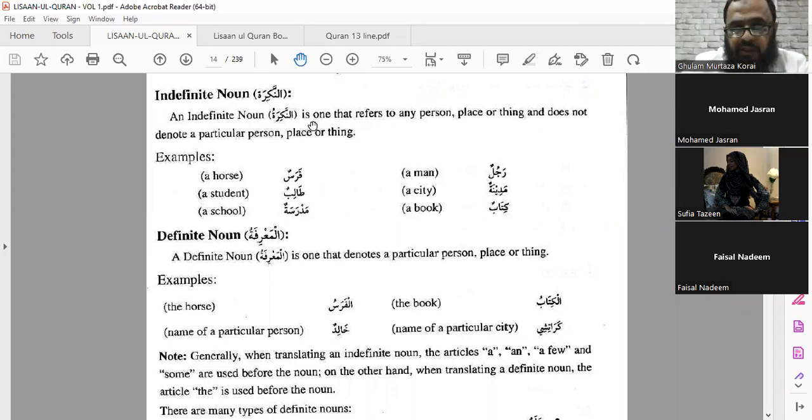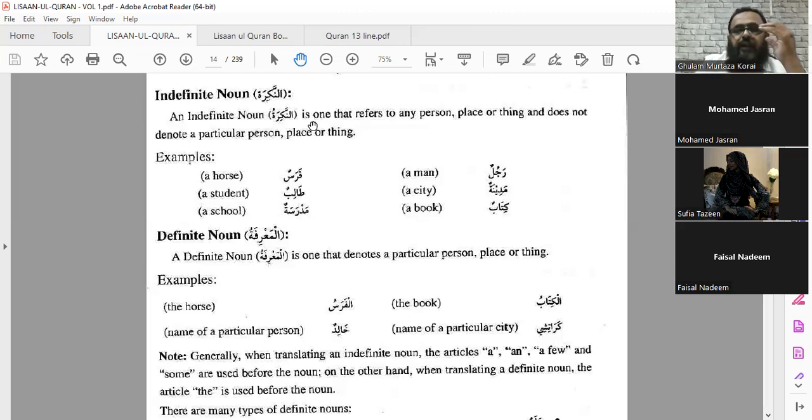Sometimes it is pronounced thee, and sometimes thuh, like the city. So the is added to refer to that particular city, or the is used with a noun you have been talking about, any laptop, any book, any office, any person, any act, even any law. So then you use the.